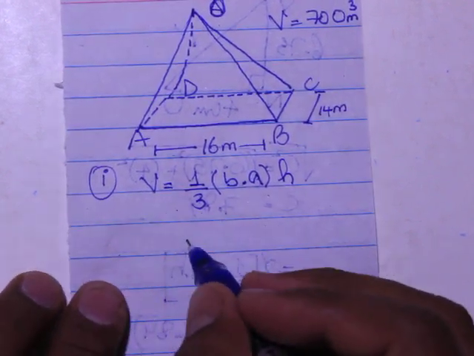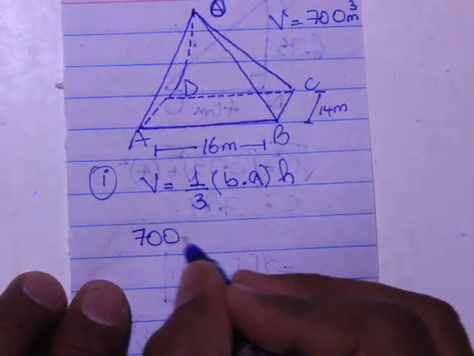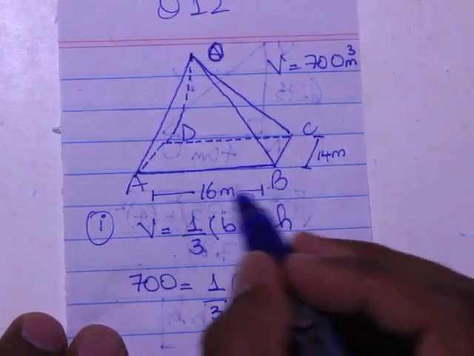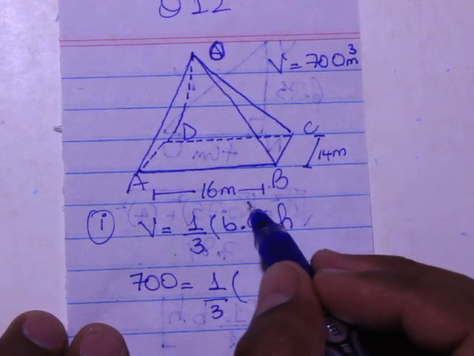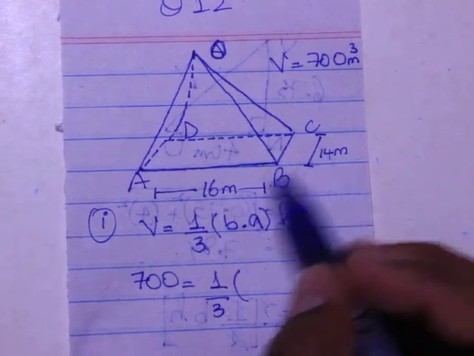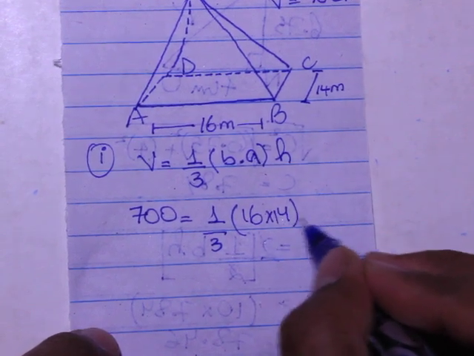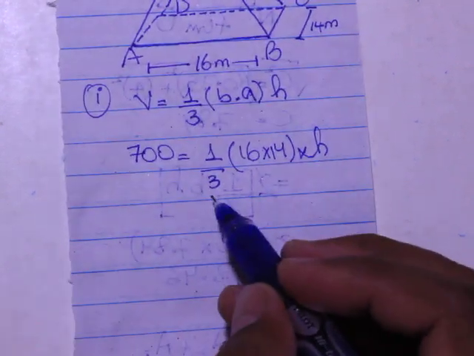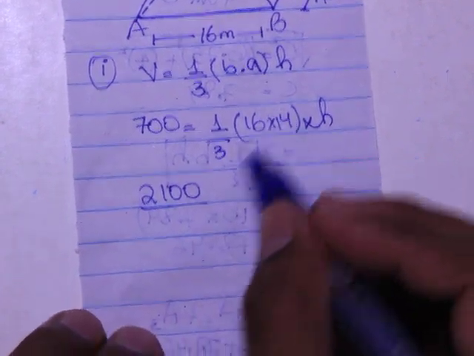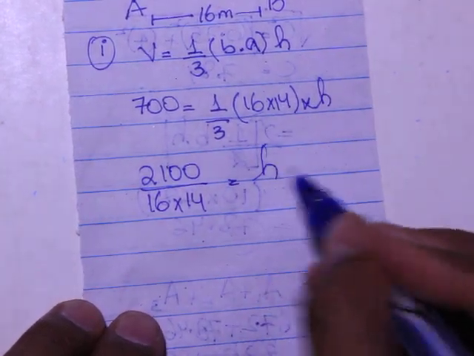As we are given the volume which is 700, I have replaced V with 700, and 1 upon 3, and base area. As you know, the rectangular base has a base area of rectangular shape. The formula for a rectangular shape is length into breadth, so 16 multiplied by 14, and we want the height. So 3 multiplied by 700 gives you 2100, and this 16 into 14 comes here in the denominator as they are multiplying on the right hand side.